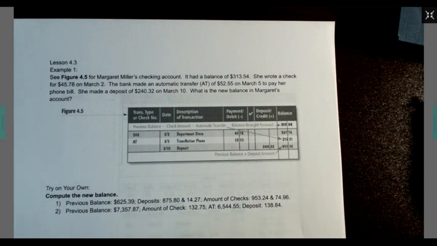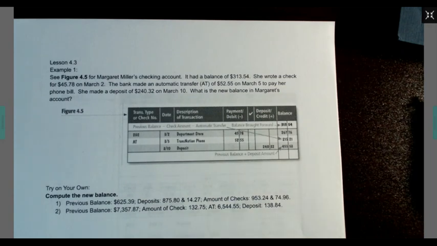The bank made an automatic transfer of $52.55 on March 5th to pay her phone bill. She made a deposit of $240.32 on March 10th. What is the new balance in Margaret's account?